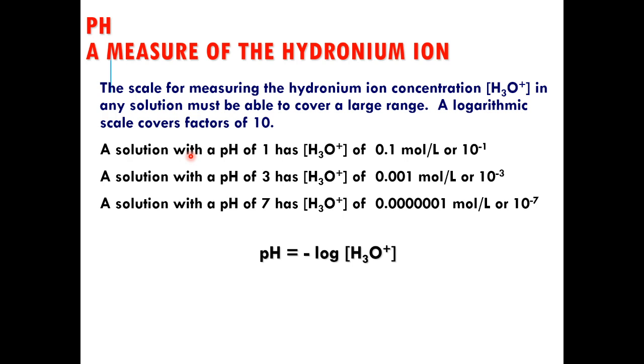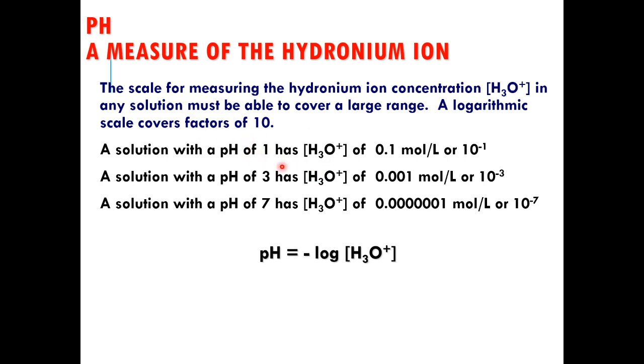The scale for measuring the H plus concentration covers a huge range, extremely large. It goes from really concentrated to not very concentrated at all. So we need a large scale. That's why the logarithms are used. And it covers base 10, so it's factors of 10.